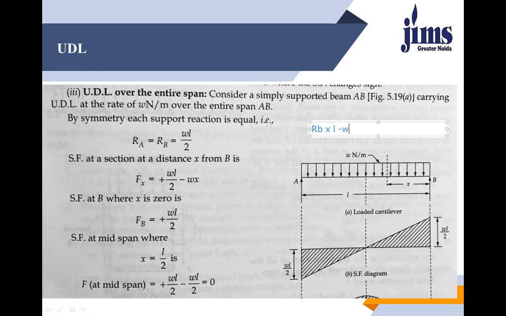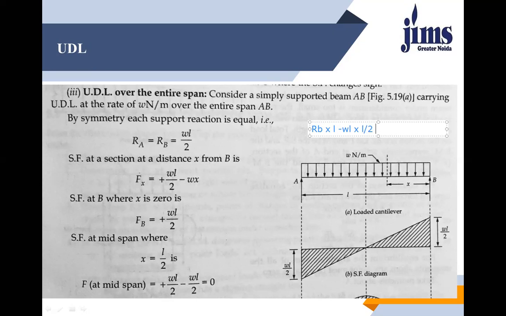W into L is the total load, and that will act at the centroid of the load, so that is L by 2 from support A. So WL is the load, and for moment we have to multiply it with the distance from support A, that is L by 2.